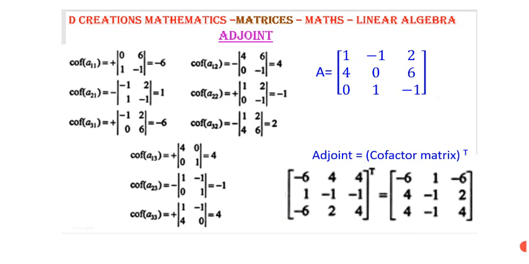Voila, we have our adjoint. So isn't it very logical, very straightforward and fun to do? So I hope that you practice this again and solve adjoints of many matrices, because now you are just one step short of finding the inverse.